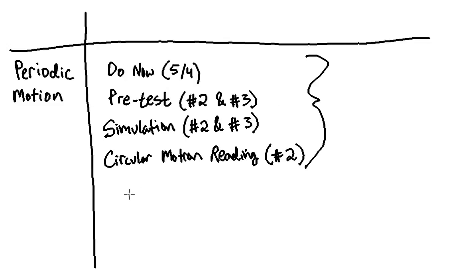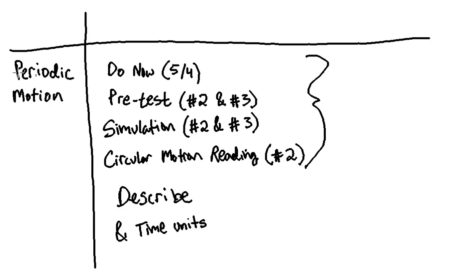But the main thing that I'm going to want you to be able to do is describe the two types of periodic motion. And what I'm going to need you to do is give me two, I guess you could say, time units. So there are some units of time that we use when it comes to periodic motion.